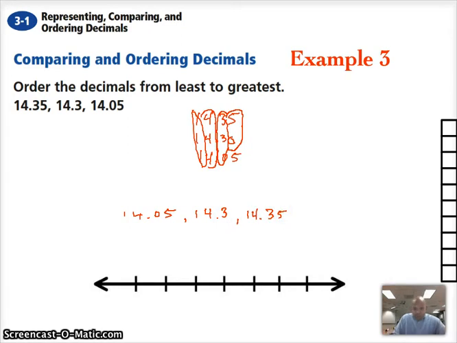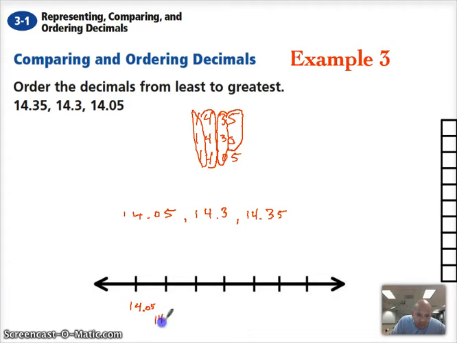Now, if we were to place that on a number line, we'd go ahead and do it this way. This might be 14.05.